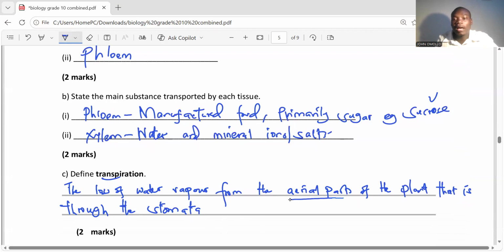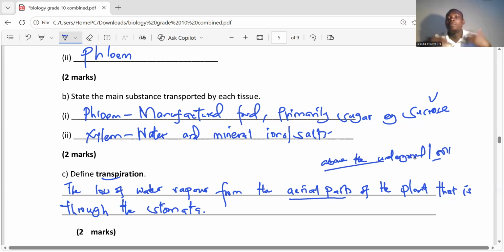So it is the loss of water vapor from the aerial parts of the plant through the stomata. Are you getting that? When you talk about aerial parts, we're talking about parts above the ground, or parts above the soil. That is what we call aerial parts. Are you getting that?